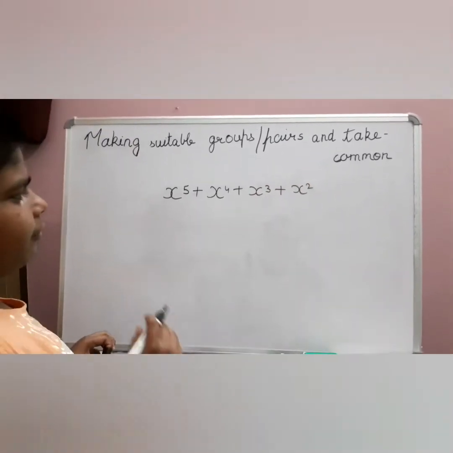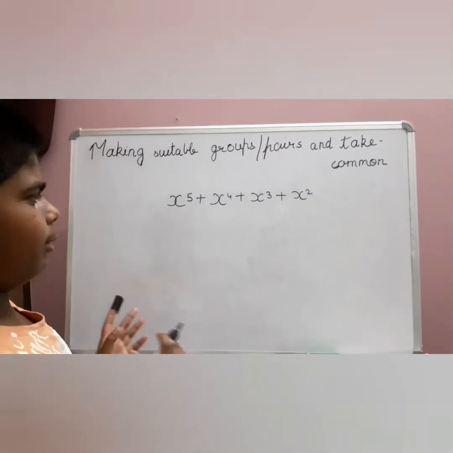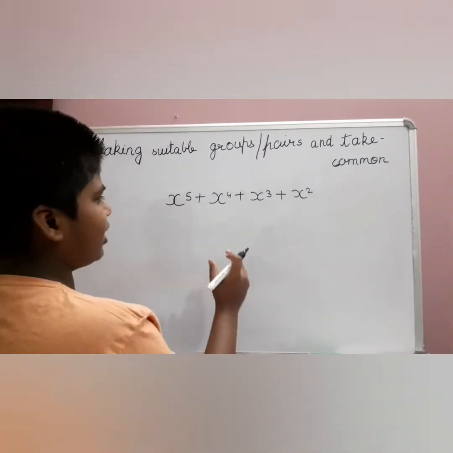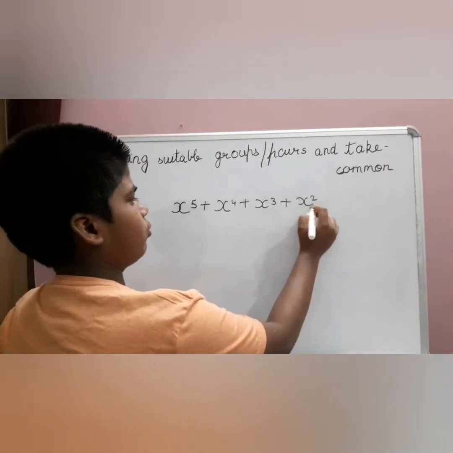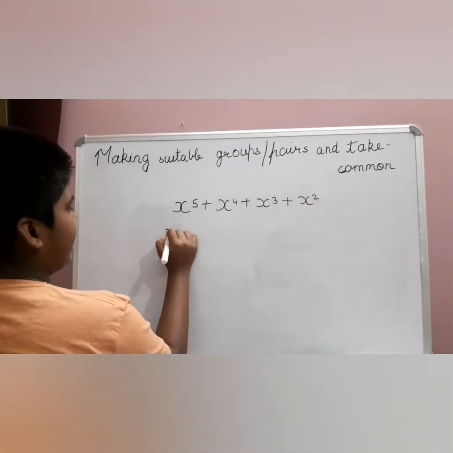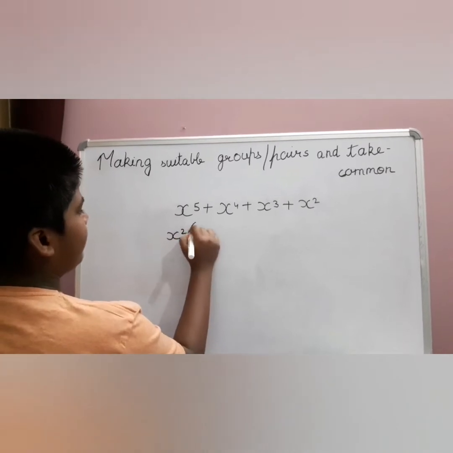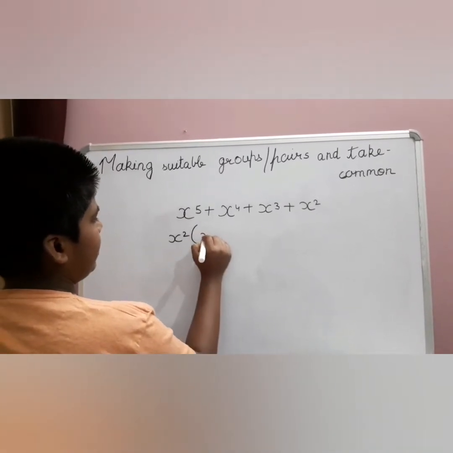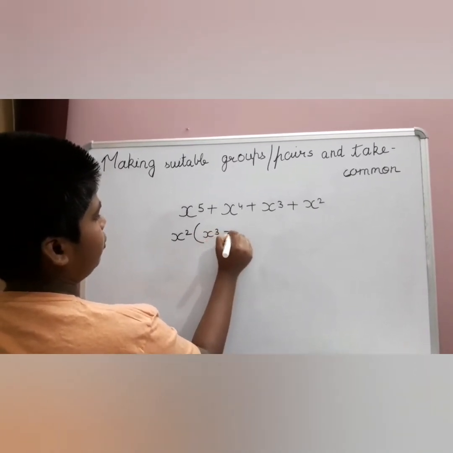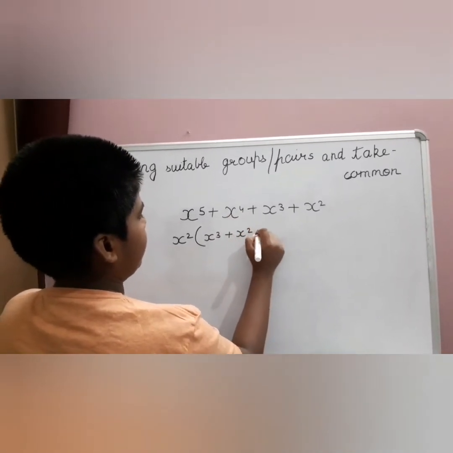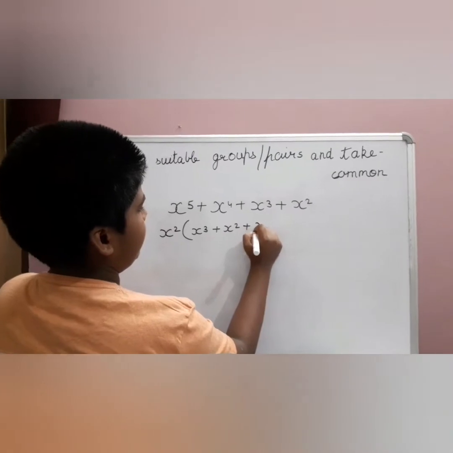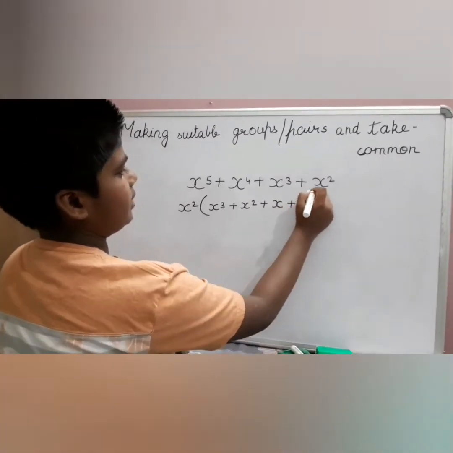Now we'll apply the first rule, which is to take common. The largest factor that can be taken common in this is x square. So we'll take x square common, and from here we'll get x cube, from here x square, x plus 1.